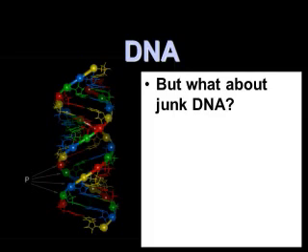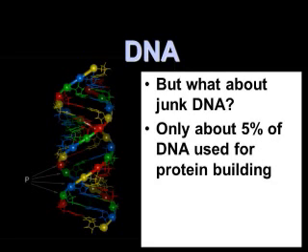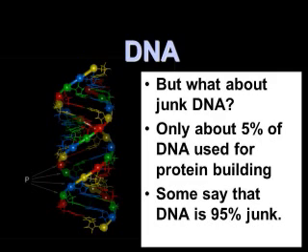Are you listening? About 5% of the DNA was used to build protein. So it appears. And so what started to be said was, what about the rest of that DNA? People would say, only about 5% is used for building protein. What about the rest of it? Well, they would say it's 95% junk.